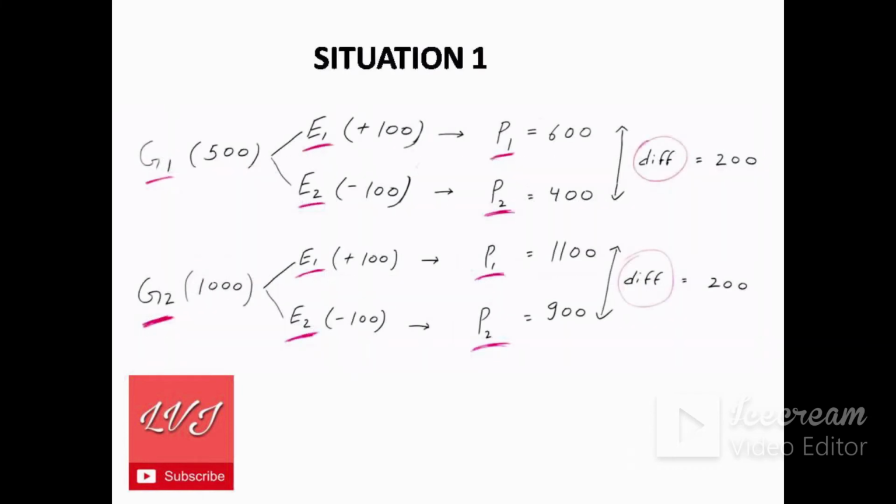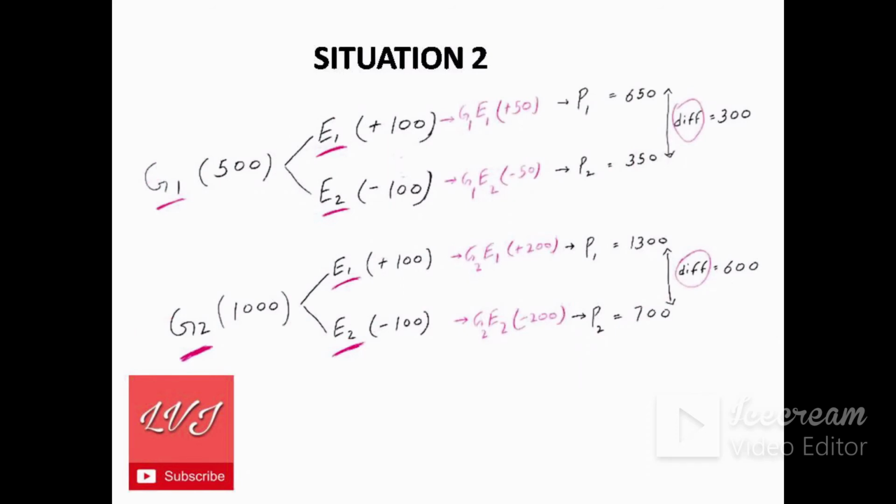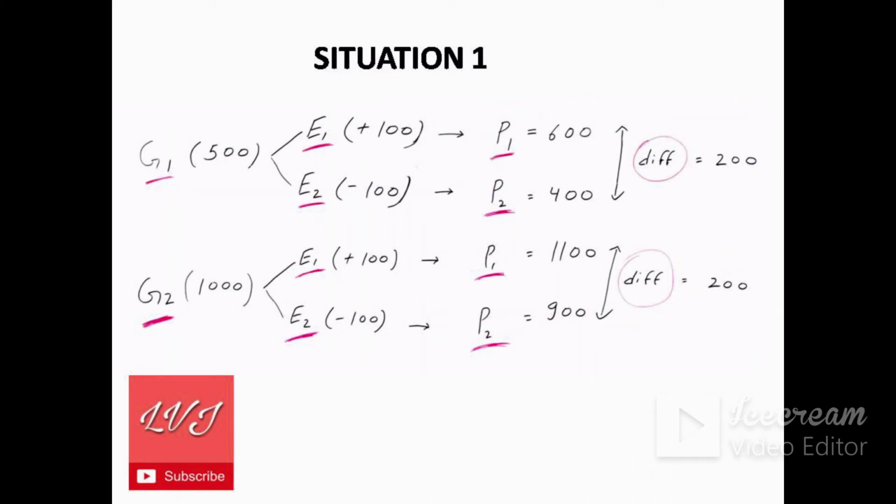This is the first situation. I will also discuss the second situation. First, come to the first situation. Suppose there are two genotypes, genotype 1 and genotype 2. Suppose this example is for the milk producing capability of two types of cows.